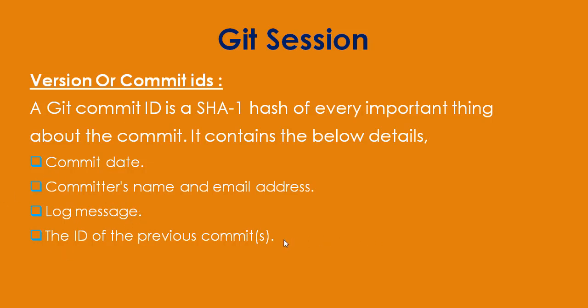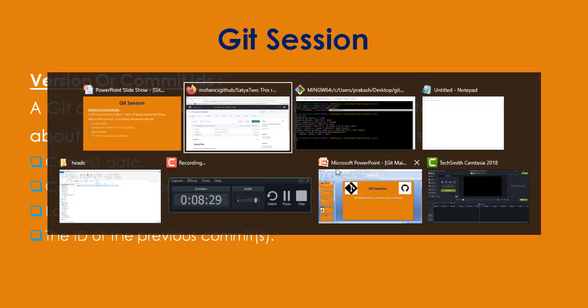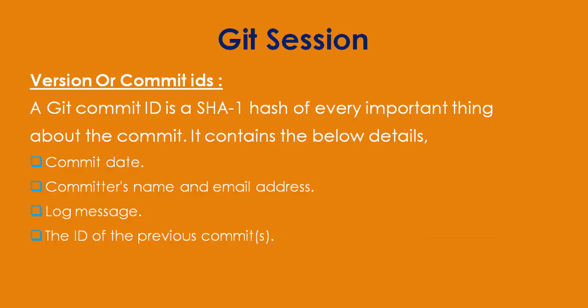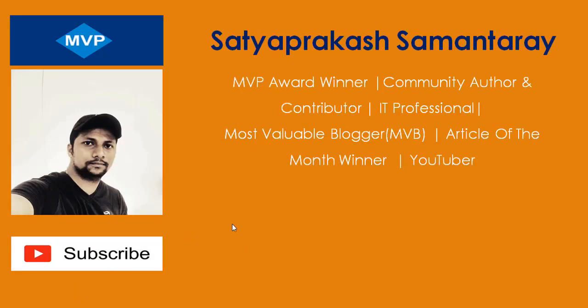All these details are stored under a particular commit ID. Now go to the GitHub repository. What I described in the slide is who changed this file, username, commit message, commit date and time, and the number of commits here. So that's all about version and commit ID.